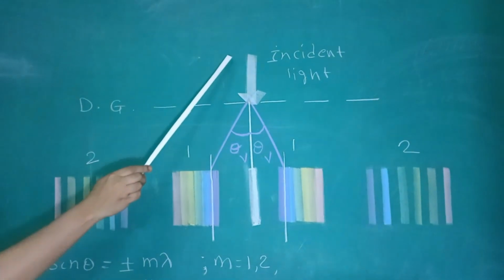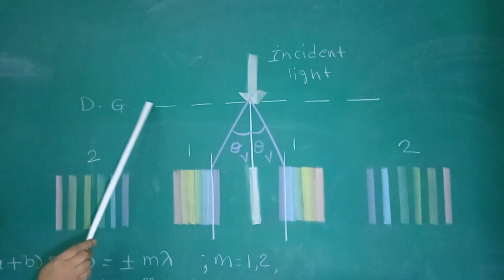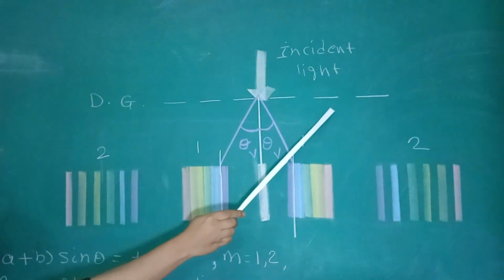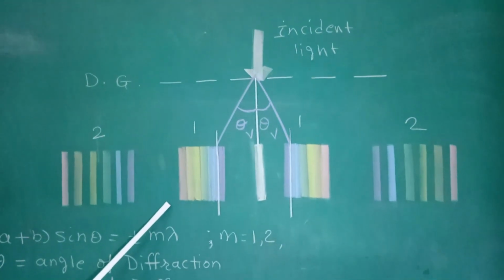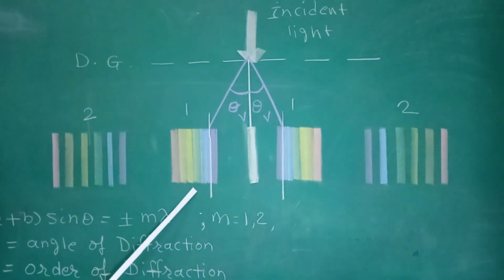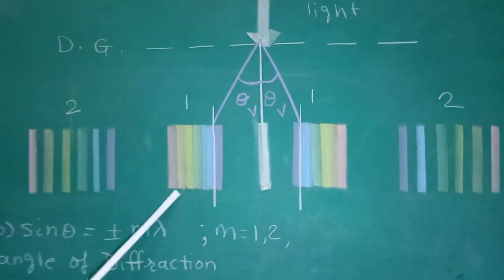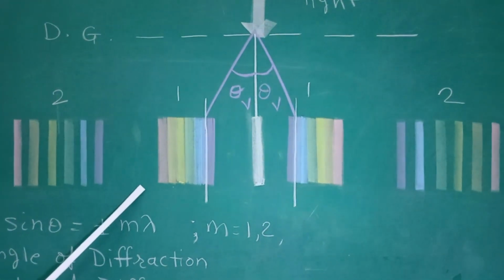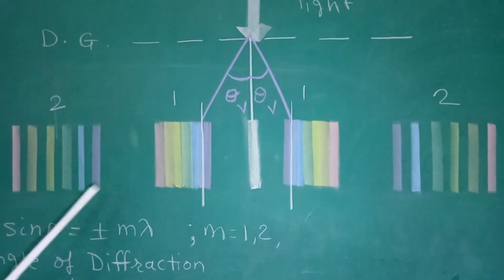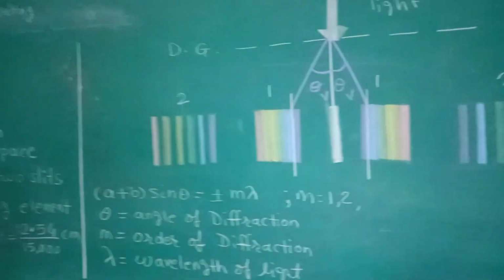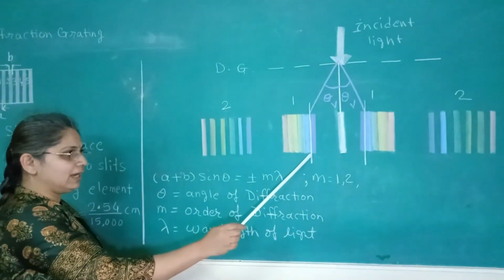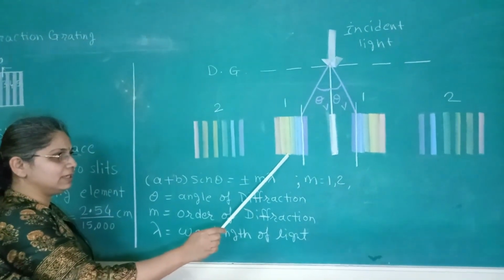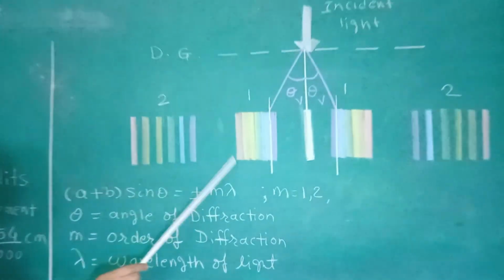So when white light is incident normally on this grating surface, all 7 constituent colors of white light get separated from each other in the order VIBGYOR. This is called dispersion of light. So you get a spectrum: violet, indigo, blue, green, yellow, orange and finally red.